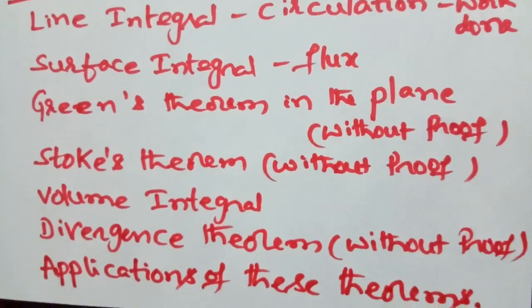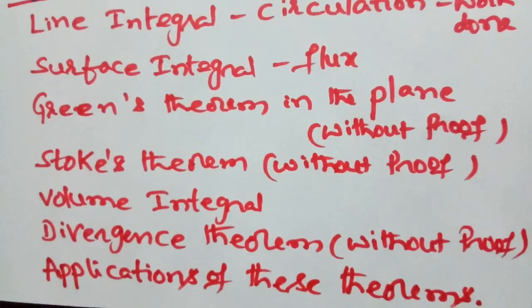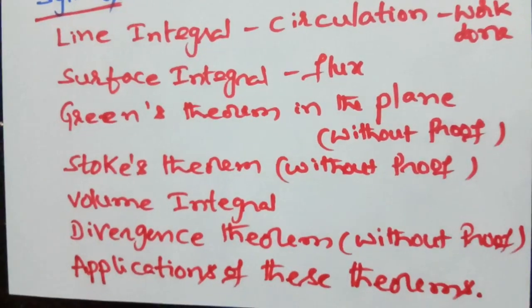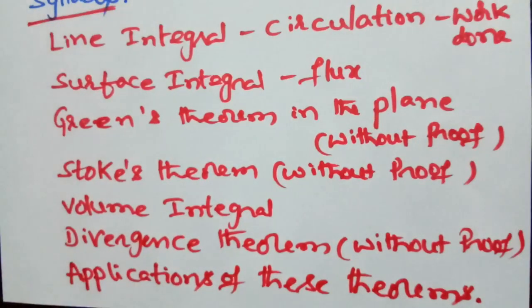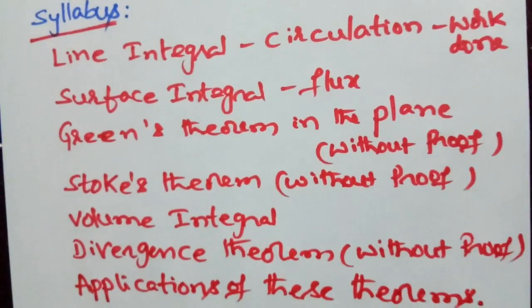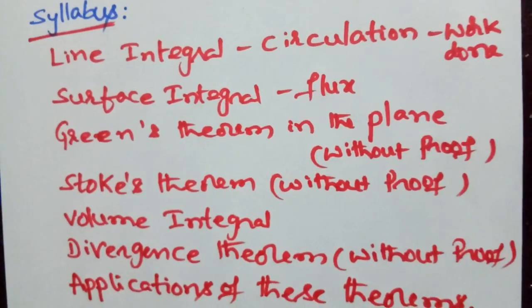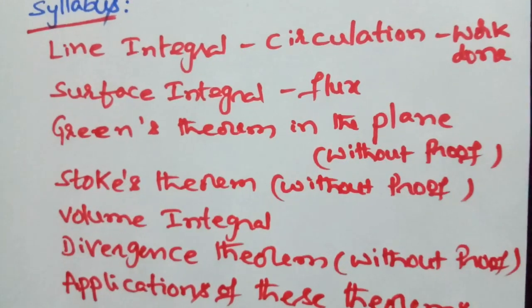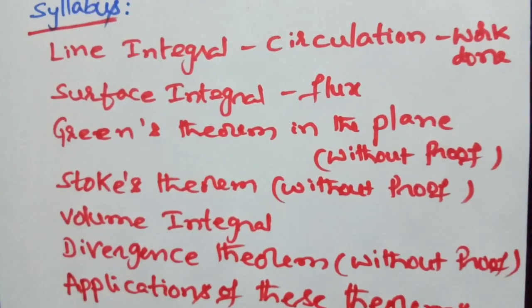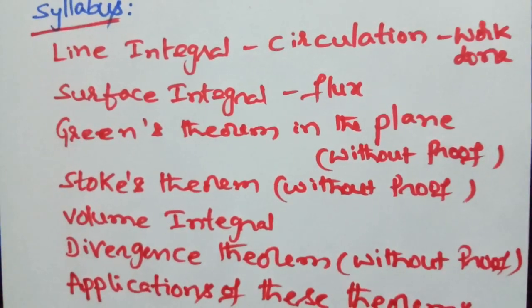These are the topics in Unit 5, vector integration. So line integration, single integration; surface, so double integration, and Green's theorem in the plane. So the relation between double integration and line integration, Stokes theorem.